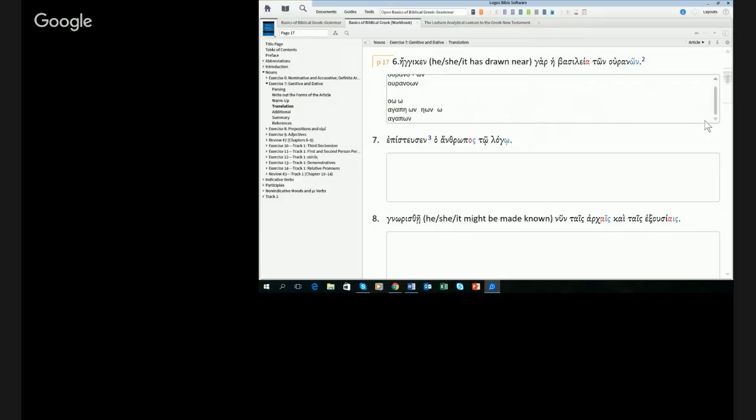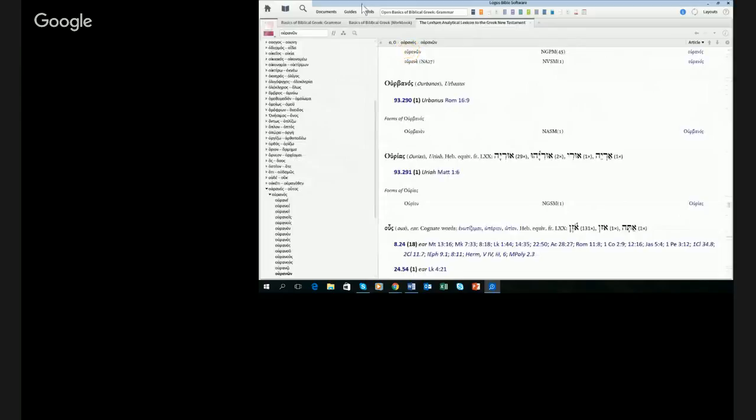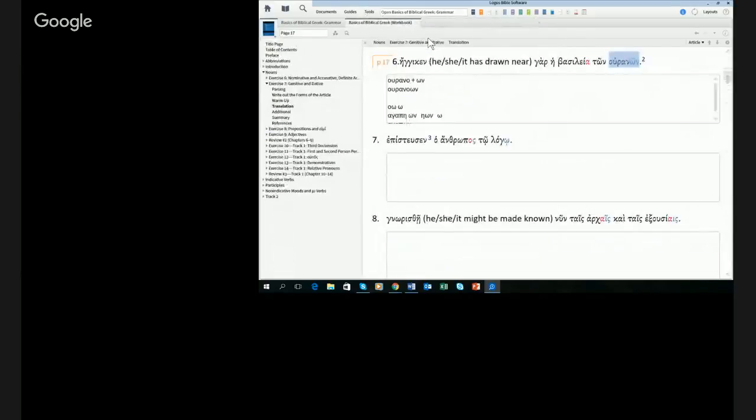It causes it to disappear. So in this form, we don't see a stem letter. It's been overwritten by the genitive plural case ending omega nun. He Basileia ton uranon, literally the kingdom of the heavens.